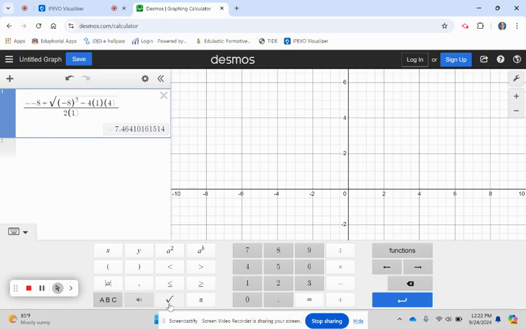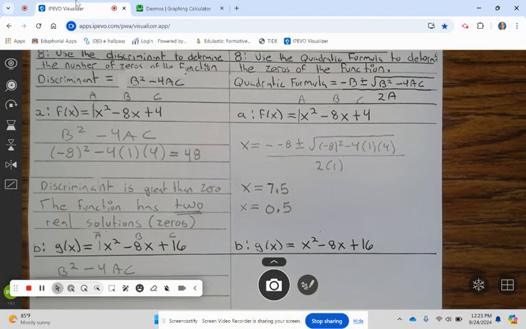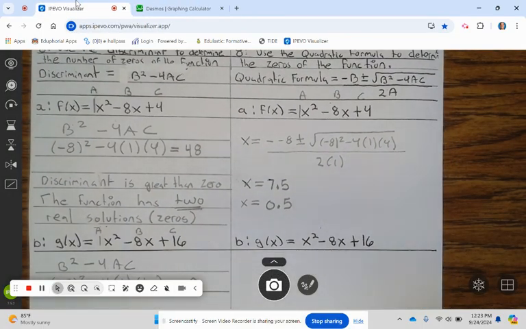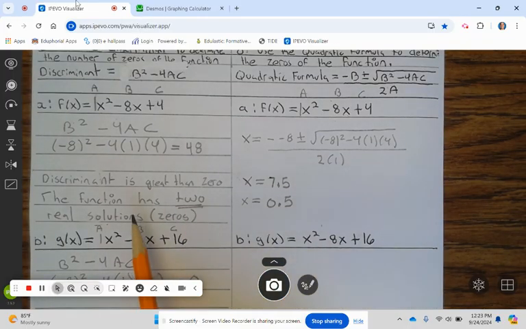And then I get x equals, let's round to 1 decimal place, so x is 7.5. And then all I have to do is change the plus here to a minus, and I get 0.5. Okay? Go and finish up A, which matches. We did discriminant. It says we have 2 real solutions. Well, here are 2 real solutions.